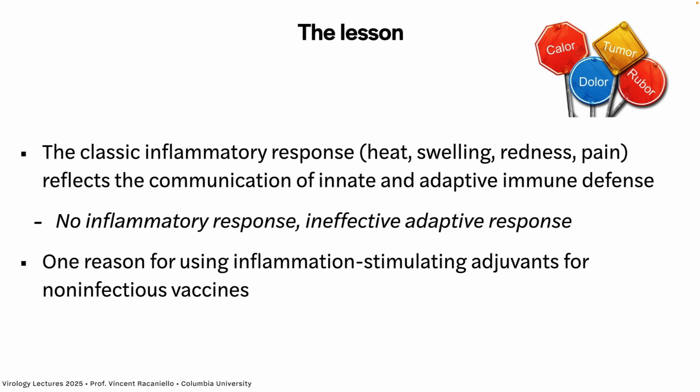Now, many vaccines do not replicate, right? So they can't kill cells. They can't make a great adaptive response because they don't cause inflammation. So we try to get around that by putting adjuvants in many vaccines. Adjuvants stimulate an innate immune response.